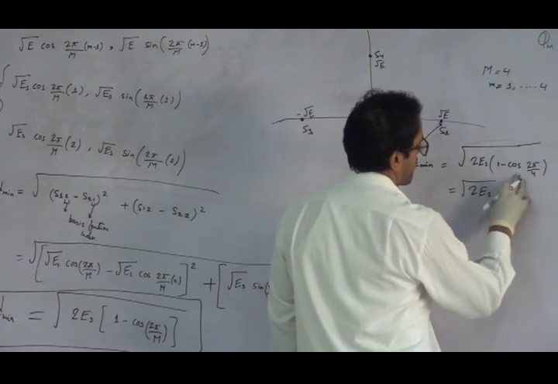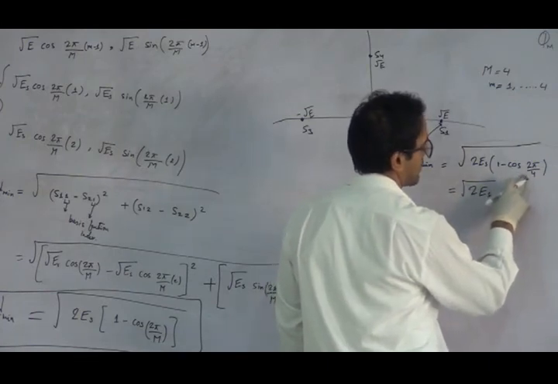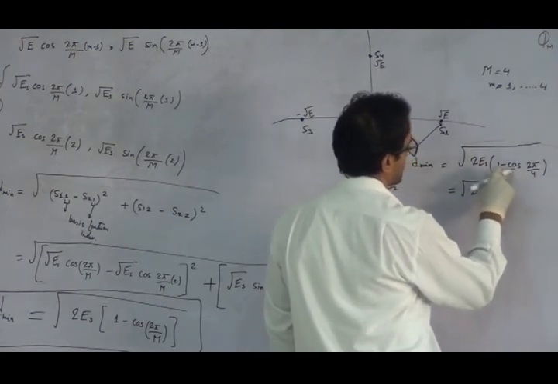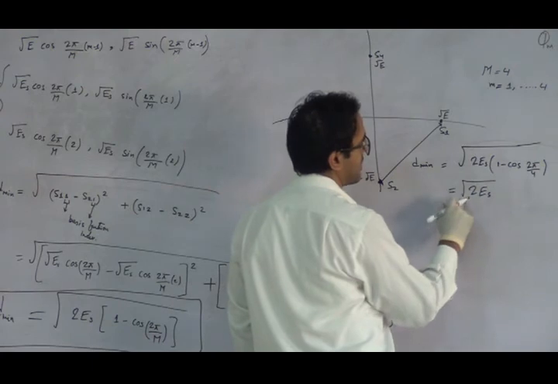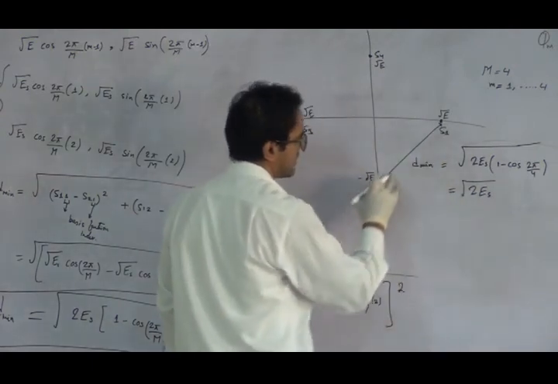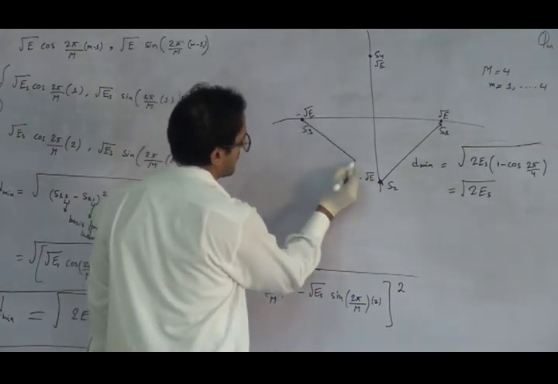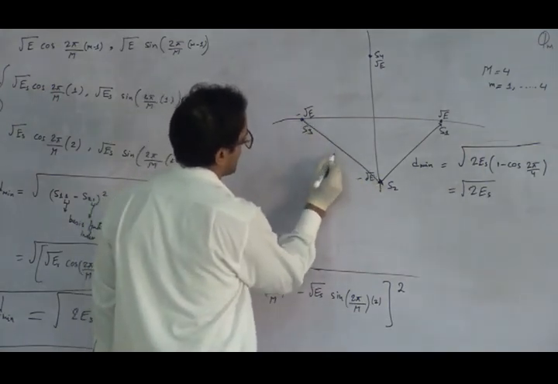Why? Because cos of 90 is 0, right? This is cos of pi by 2. Cos of 90 is 0. So 1 minus 0 is 1, and you will end up getting under root of 2ES. So this distance is under root of 2ES, which is the same for all these points.